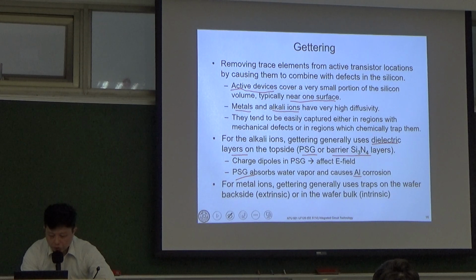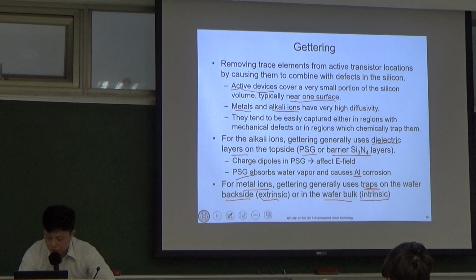Okay, so for the metal ions, we generally use some traps on the wafer backside or inside the bulk wafer. On the backside, we call it extrinsic, and inside the wafer, we call it intrinsic gettering.